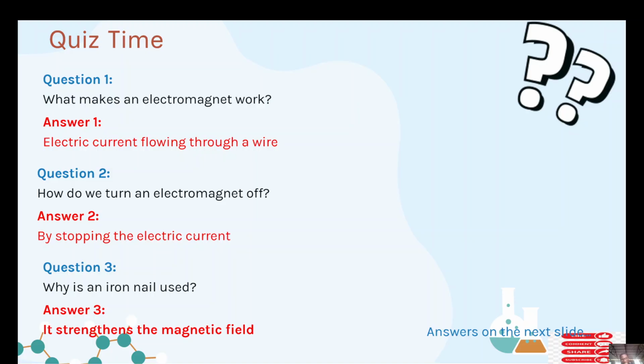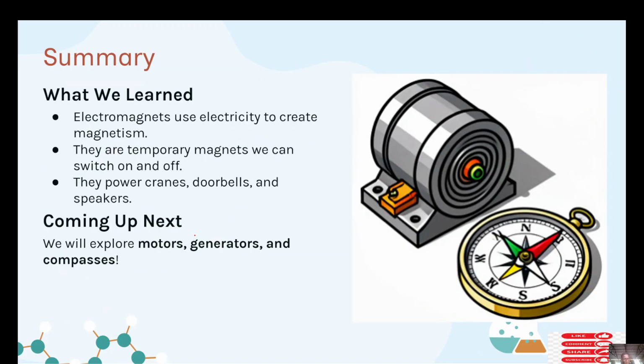All right. I believe that we have learned great things today. We have learned about electromagnets, and we have established the fact that they use electricity to create what? Magnetic material to be magnetized. And then we also talked about how temporary it is: the moment you switch on, it becomes magnetized, but the moment you switch off, the magnetic force goes off, because there is no current to create the magnetic force within.